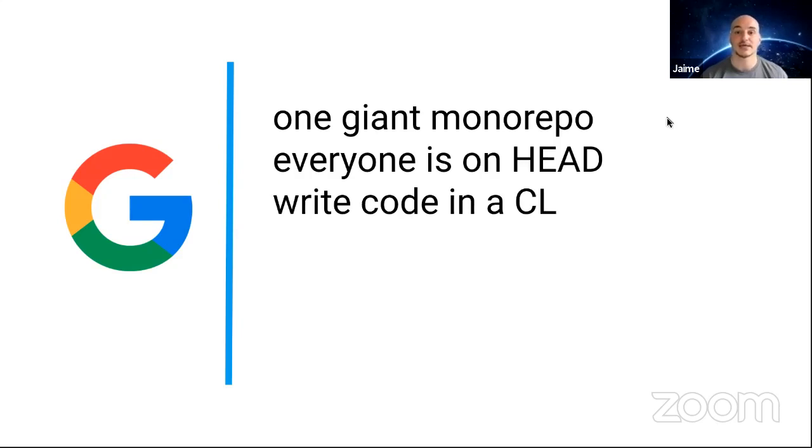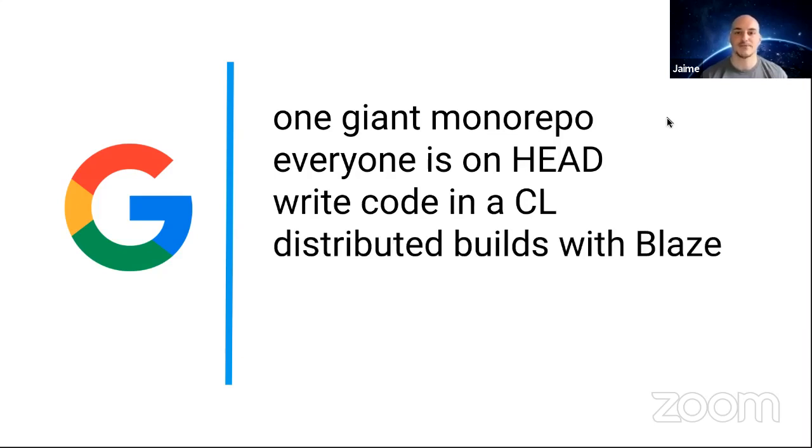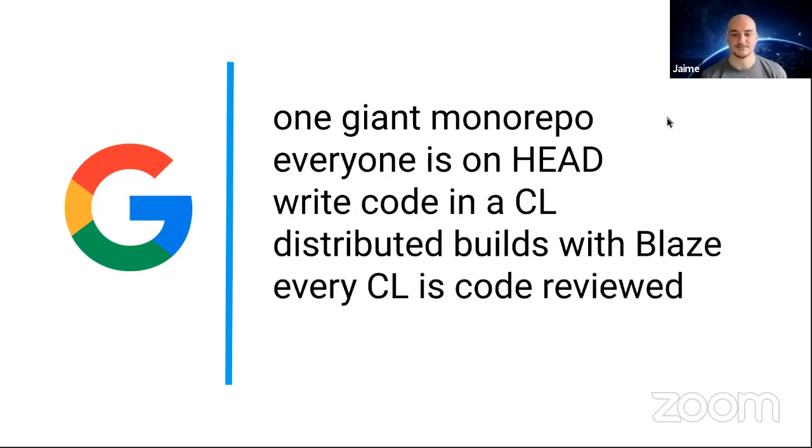You write code in a change list. That's like an atomic change that is interrelated. And then we run distributed builds with Blaze. So what happens is that whenever you are working on a project, you build everything from scratch. But then because there's different people around the world that are also building the same things, we're using a cache to reduce the builds. And that way it gets pretty fast.